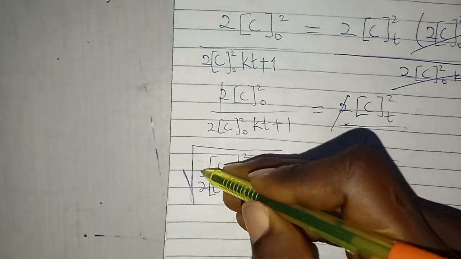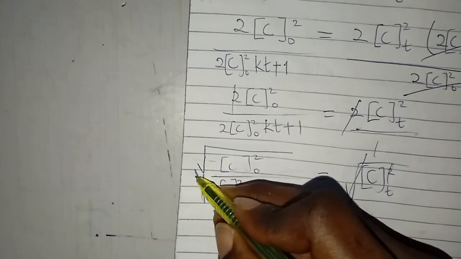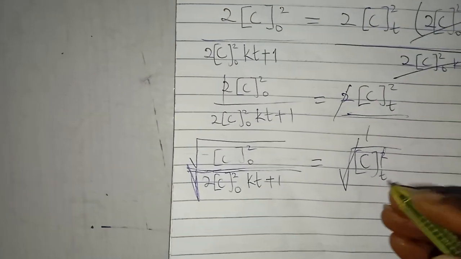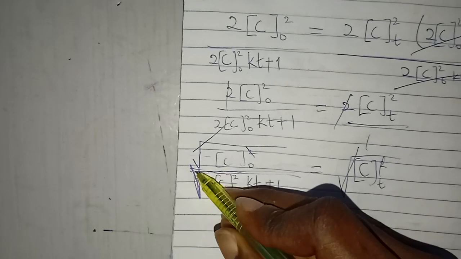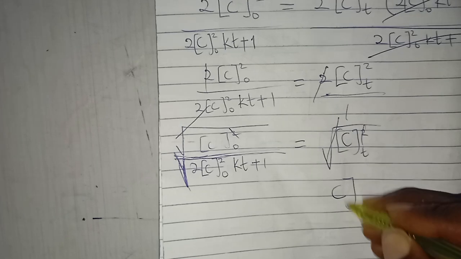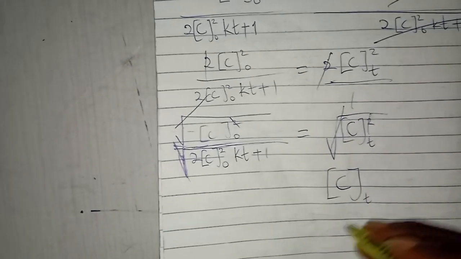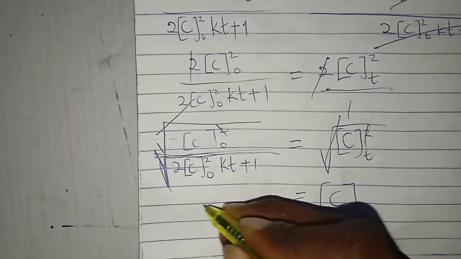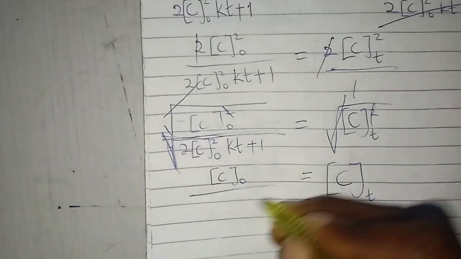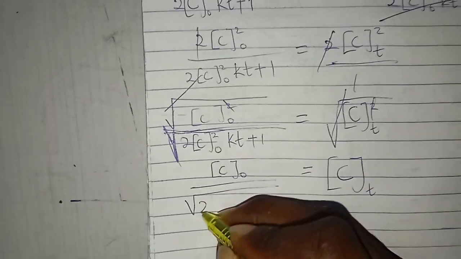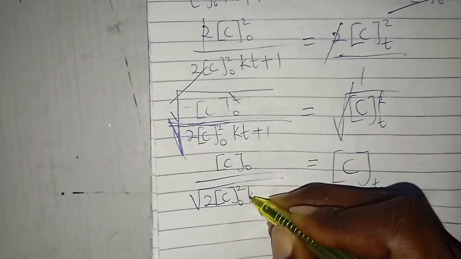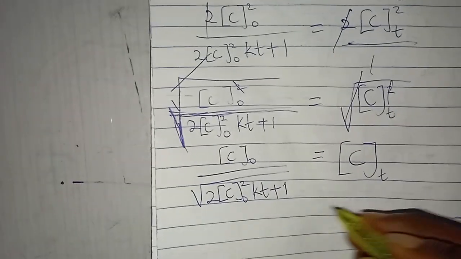This is the square root of this over the square root of this, so this will get rid of this. So we are left with only the square root for this one. So this is now saying C, concentration of C at time t, which is what we are trying to do, is equals to initial concentration all over square root of 2 initial concentration square Kt plus 1.